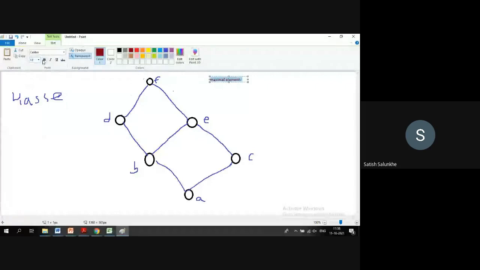Hello, Chetan, waiting to hear from you. Tell me, what is the maximal element? Sir, maximal element is A. It belongs to itself.